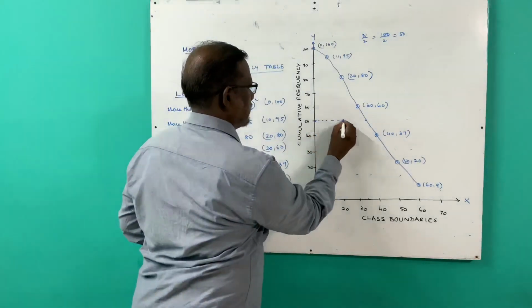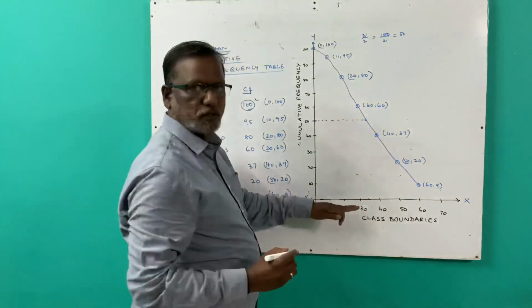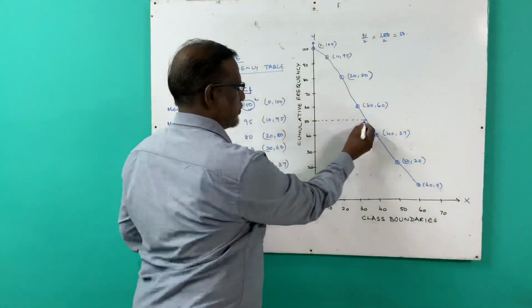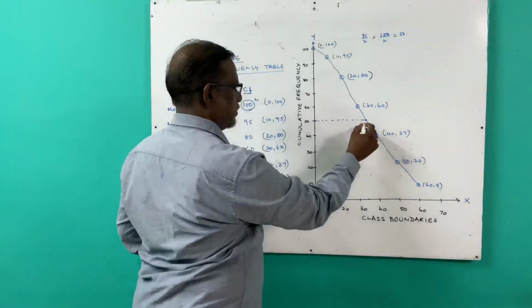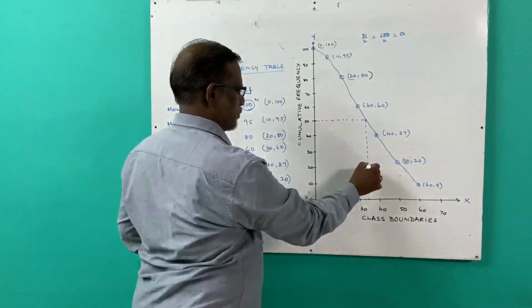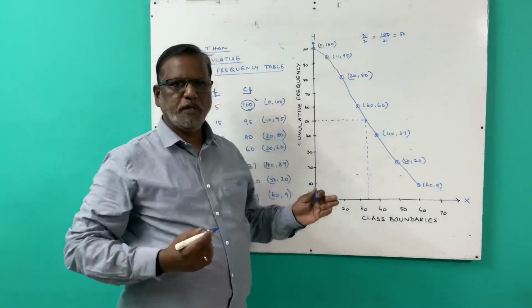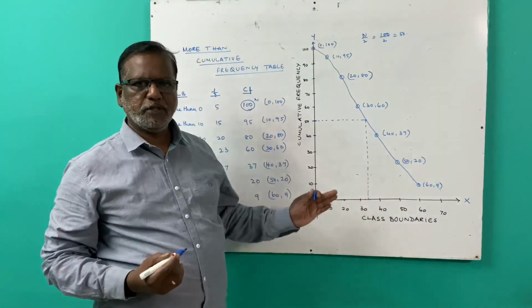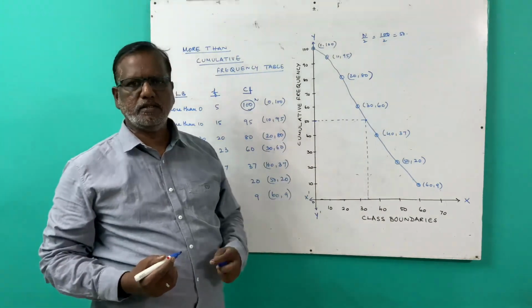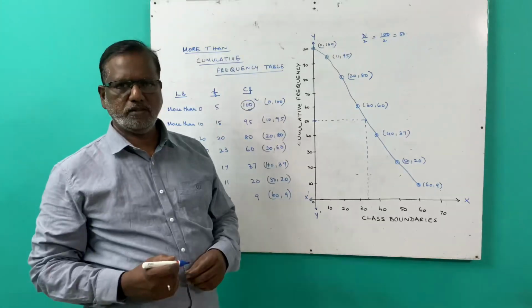Now through the 50, draw a line parallel to the x-axis. From the point where it meets the curve, draw a line perpendicular to the x-axis. The point where the perpendicular line meets the x-axis will give us the median of the given data.